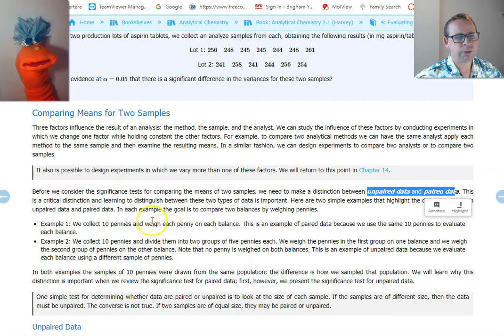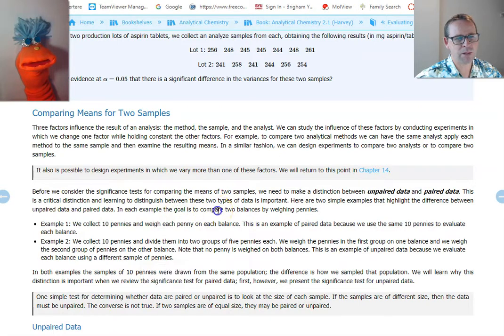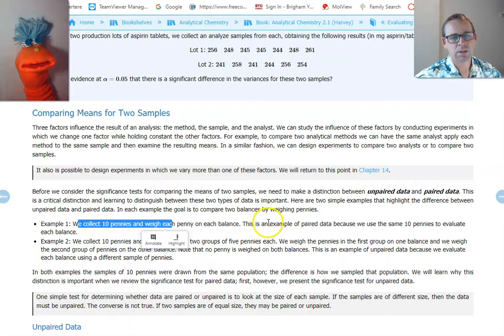Here's an example of paired data. For these two examples, what we're trying to do is compare two balances. And one way to compare the two balances would be to collect 10 pennies and weigh each penny on each of the balances and compare the information that way.